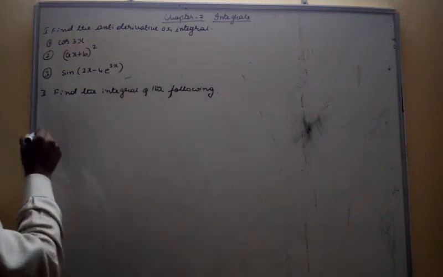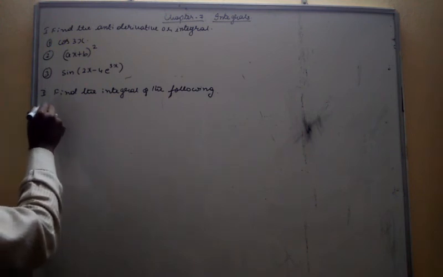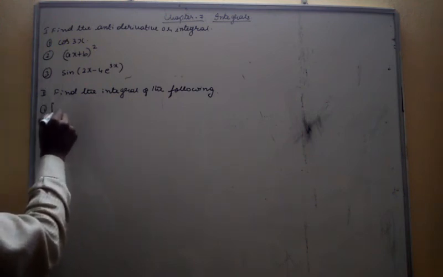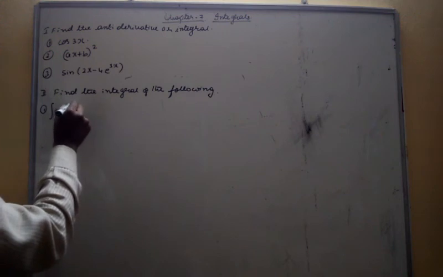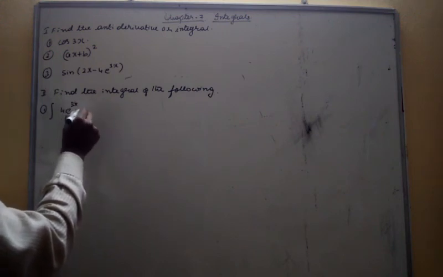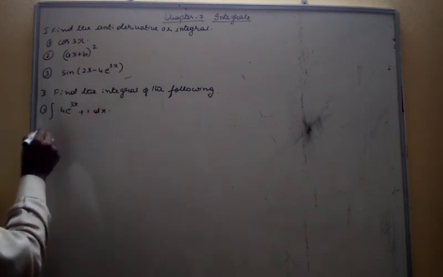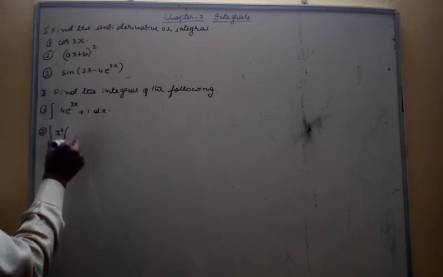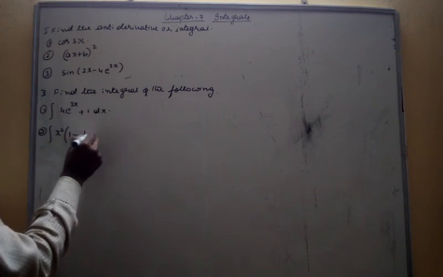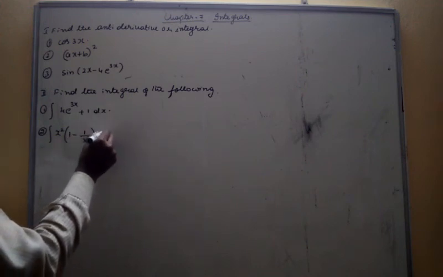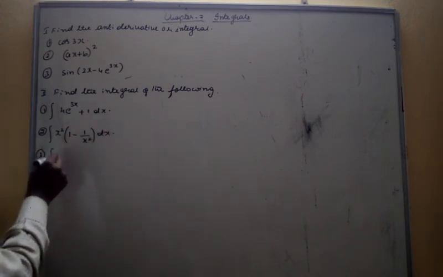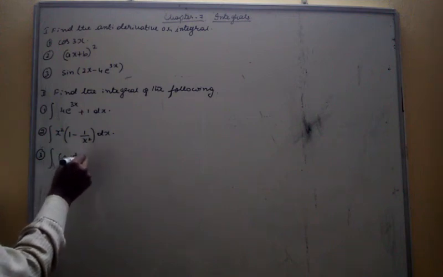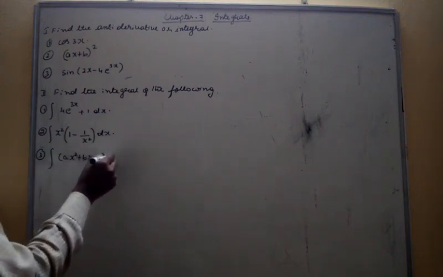Okay, so take down the first one. Integration of 4e to the power of 3x plus 1 dx. Then the second one, integral of x square of 1 minus 1 by x square dx. Then the third one, ax square plus bx plus c.